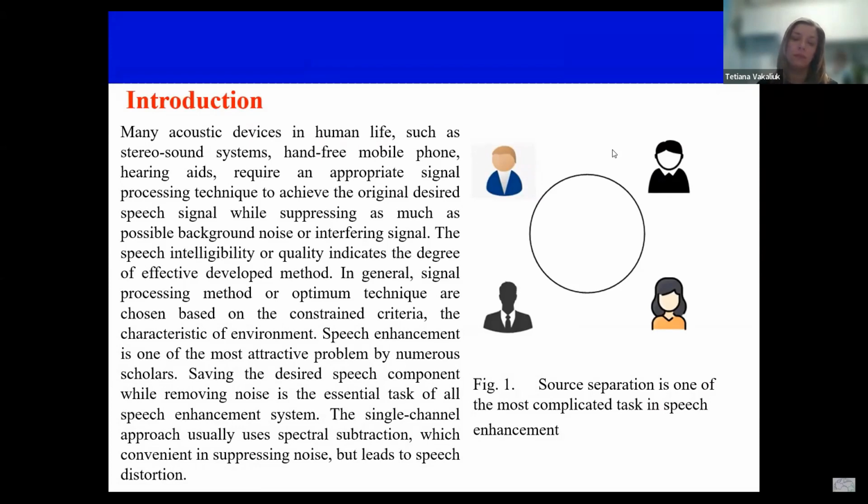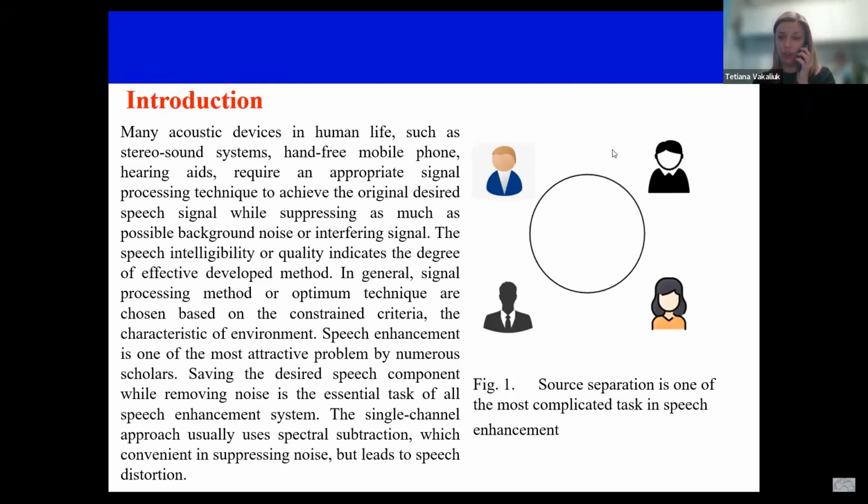In general, signal processing methods or optimization techniques are chosen based on the constraint criteria and the characteristics of the environment. Speech enhancement is one of the most attractive problems for numerous scholars. Saving the desired speech component while removing noise is an essential task of a speech enhancement system. The single channel approach usually uses spectral subtraction, which is convenient in suppressing noise but leads to speech distortion.